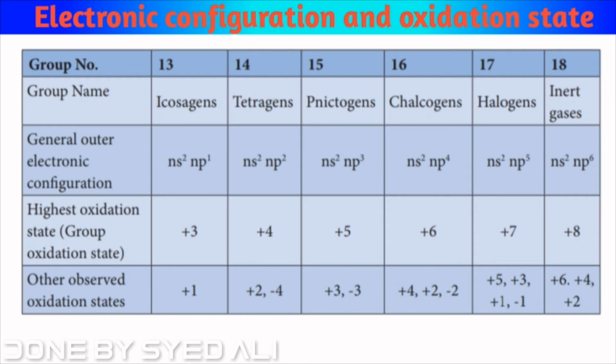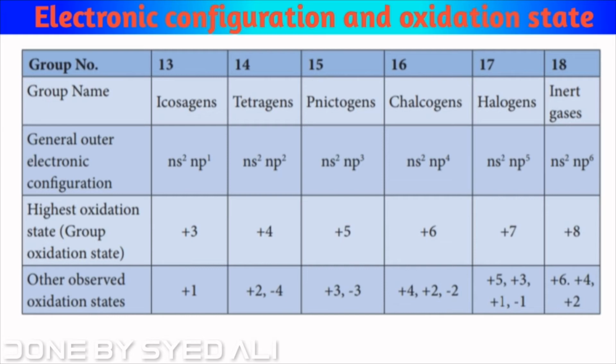As discussed earlier, -1 is the most common oxidation state for halogens, but here they have mentioned the highest oxidation state +7 for the halogen group, and they have mentioned other observed oxidation states for halogens as +5, +3, +1 and -1.